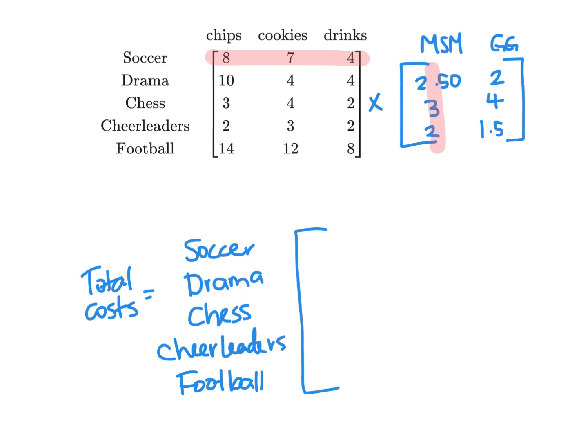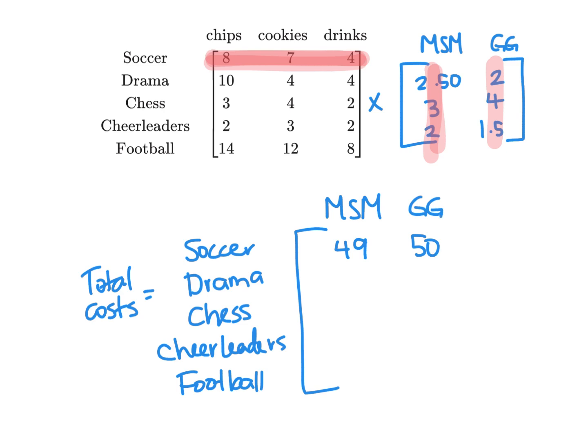So we know for soccer that when we multiplied their items by the cost at Main Street Market, it added up to $49. That's Main Street Market. We know when we multiplied the items needed for soccer and Grandpa's Grocery cost, that added up to $50.